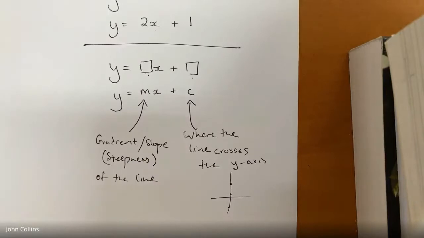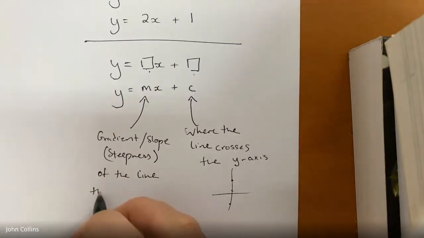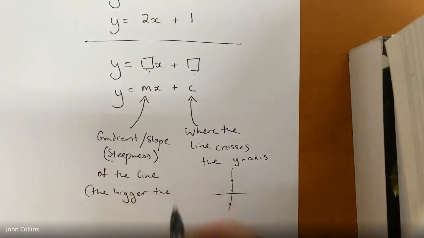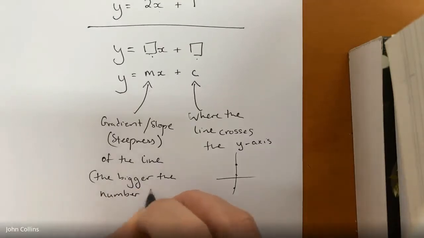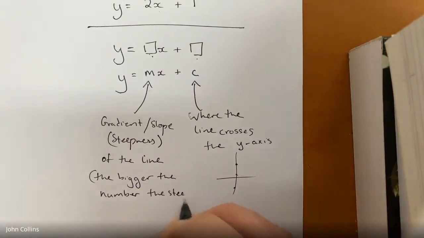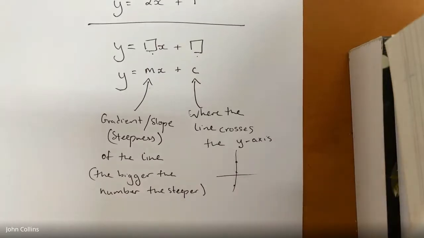So it's how steep the line goes. The bigger the number, the steeper. And we saw that in the animation. So you could talk about angles there if you want. The bigger the number, the bigger the angle that line makes. Okay? I'll give you a second to take that down.